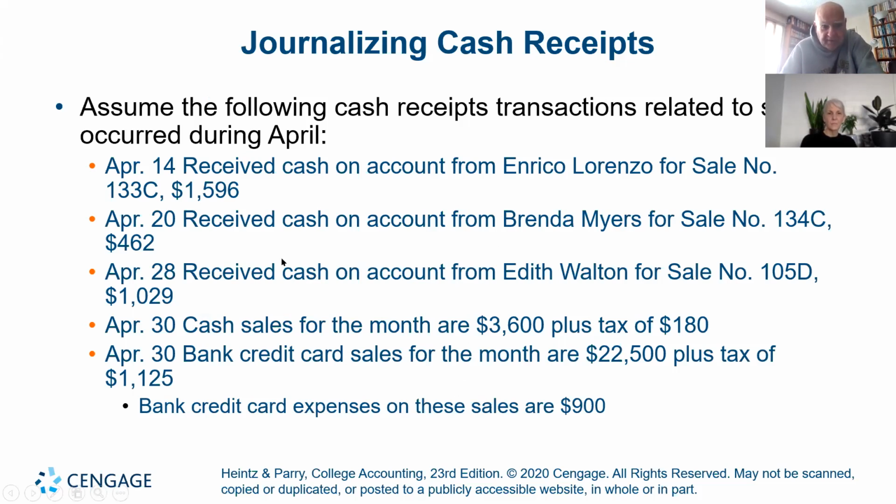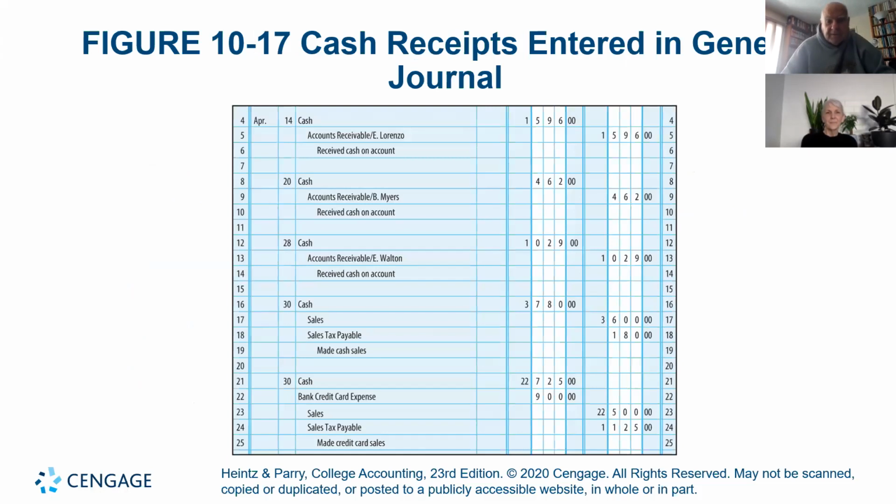They have received cash on account. Then they had some cash sales, and we had some credit card sales, which incurred a $900 charge. So guess what? We're going to be debiting accounts receivable and crediting sales because you never debit sales. Okay. Take a peek. I need to make this just slightly bigger.